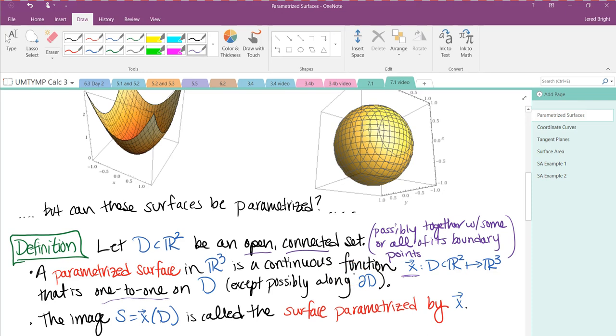And when we take that open and connected set D and run it through the parameterized surface function, that's called our image, or the parameterized surface by x.